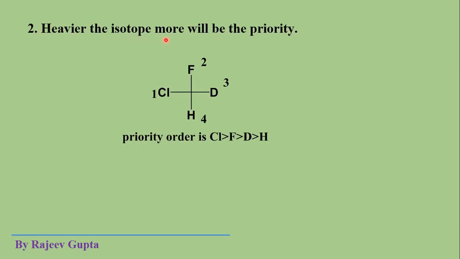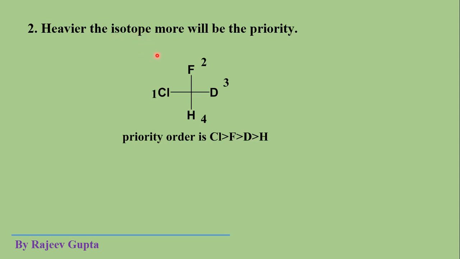The heavier isotope will get more priority. Heavier isotope means if the proton numbers or atomic numbers are the same for both atoms directly attached to the chiral center, then we check their neutron numbers, or their atomic weight.